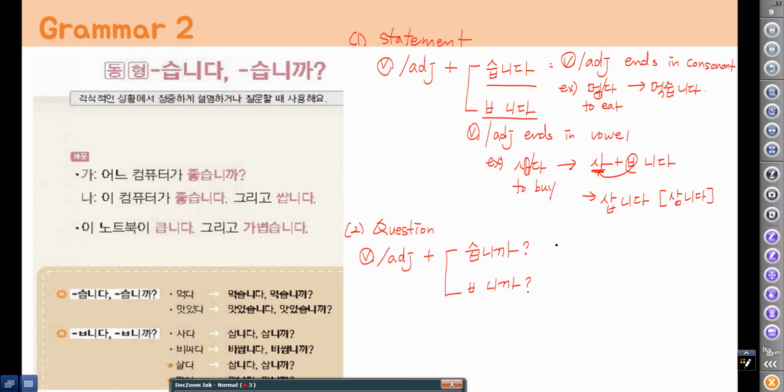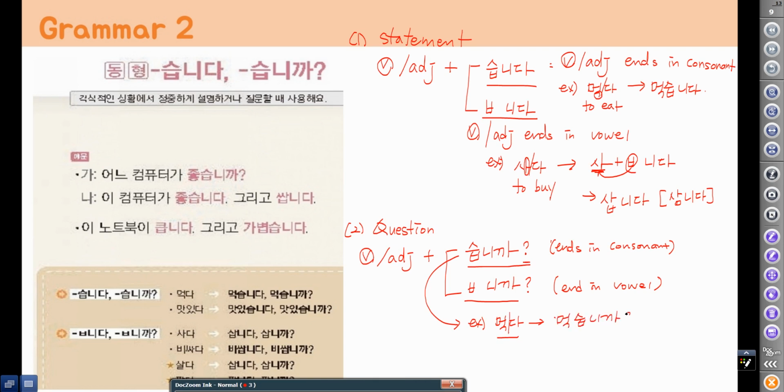So the same thing, if the verb or adjective stem ends in consonant, you add 씁니까 with the question, and if it ends in vowel, you add 비읍니까. So, for example, the same thing. 먹다, right? Eat. 먹다, stem. 먹습니까?